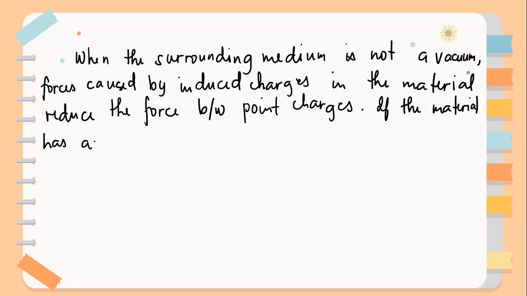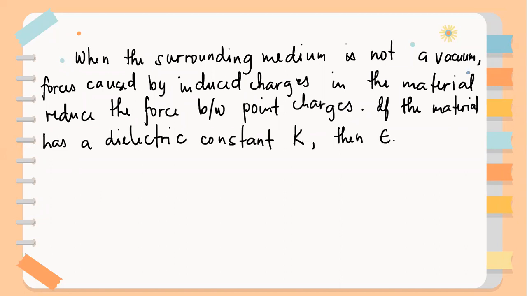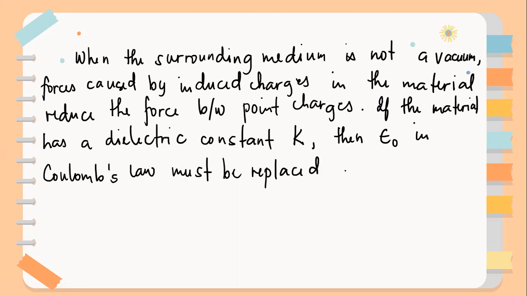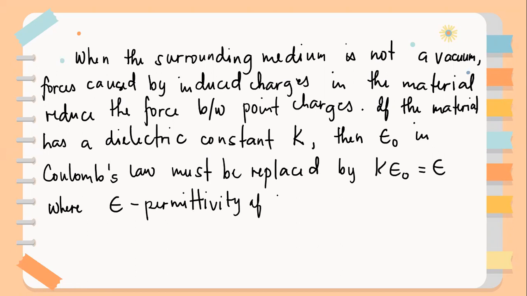If the material has a dielectric constant, capital K, then the permittivity of free space in Coulomb's law must be replaced by epsilon, the permittivity of the material.